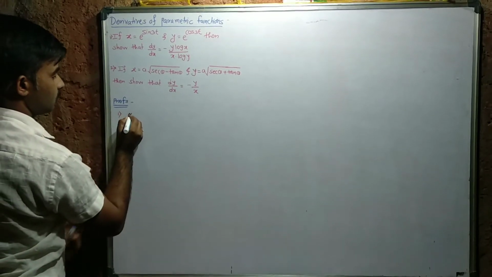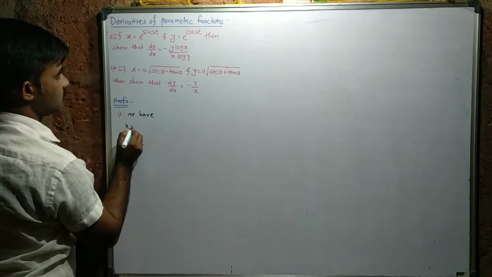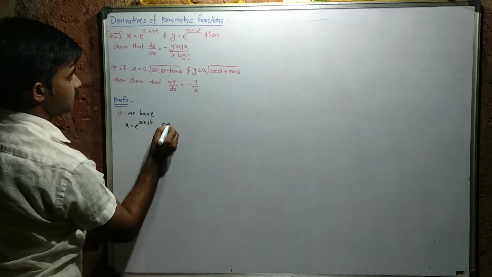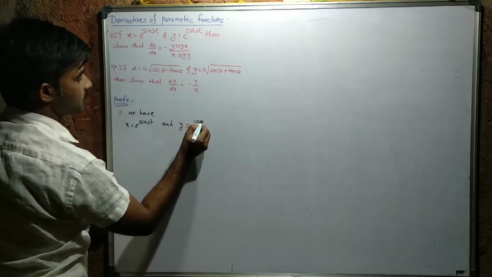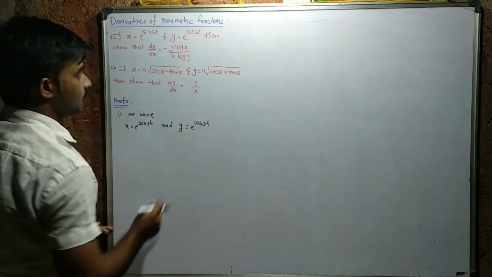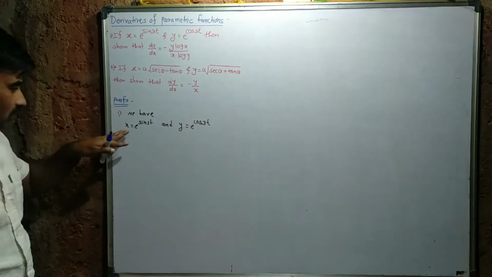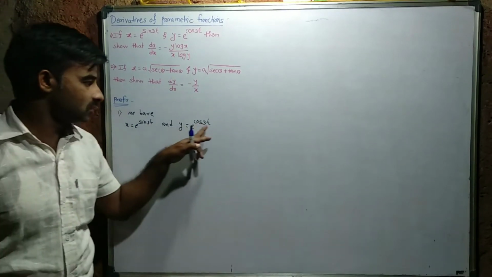We have x is equal to e raised to sine 3t and y is equal to e raised to cos 3t. That means x and y are two variables, and x is a function of t and y is also a function of t.